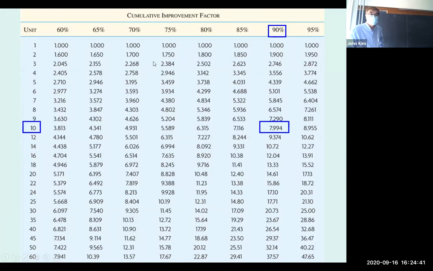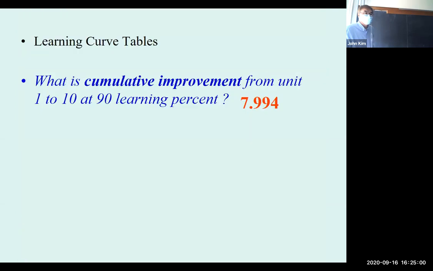I call it the cumulative factor, CF. So 90% and 10, that is 7.994. I think you can find the unit factor and cumulative factor from the chart. Any questions so far?